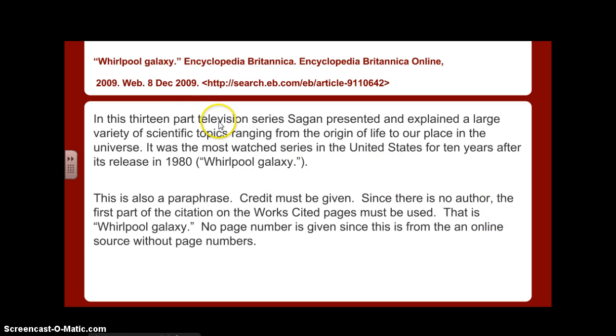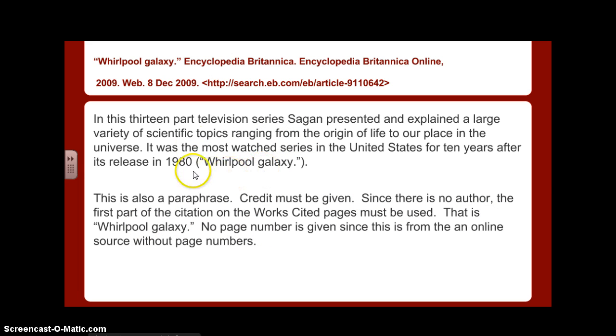Since there's no author, we don't have an author here for this article, and that's what happens sometimes online. Authors aren't given for the sites. So the next thing that is listed is the title of the article, which is Whirlpool Galaxy. That is what must go here.